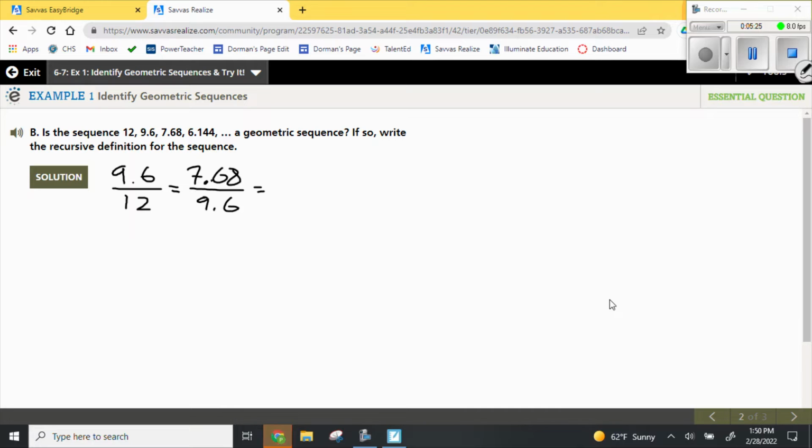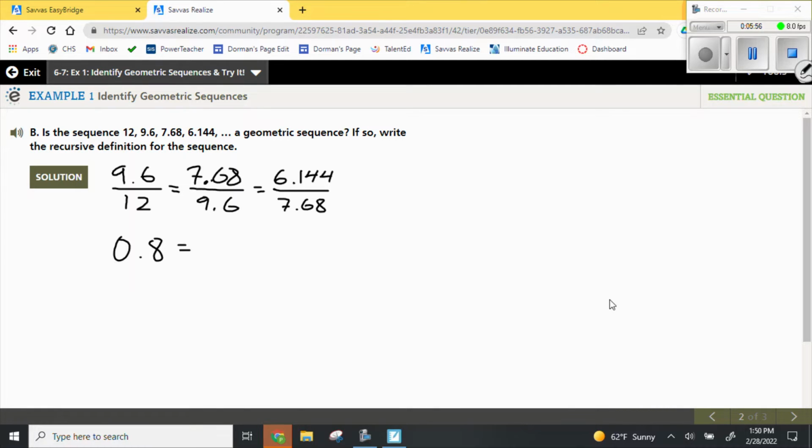Let's see if 6.144 divided by 7.68 is the same. So I will put them into my handy dandy calculator. 9.6 divided by 12 is 0.8.